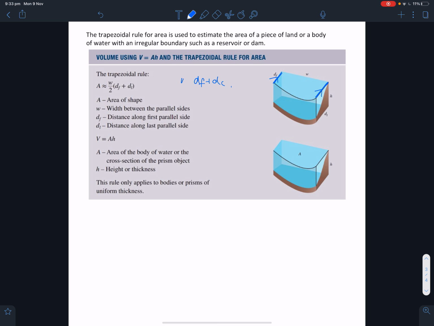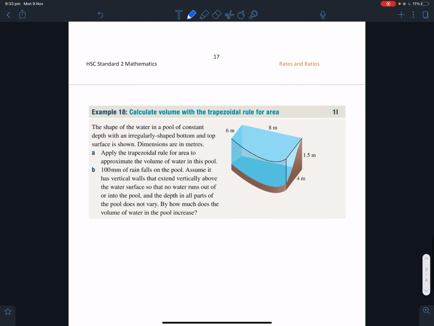Multiply them by the width, so the length joining them together, and divide the whole thing by 2. Okay, now to then find the volume, you would multiply it by the height of the shape. Okay, this only works if the depth of the body of water is constant, meaning it's not shallow on one end and deep on the other.